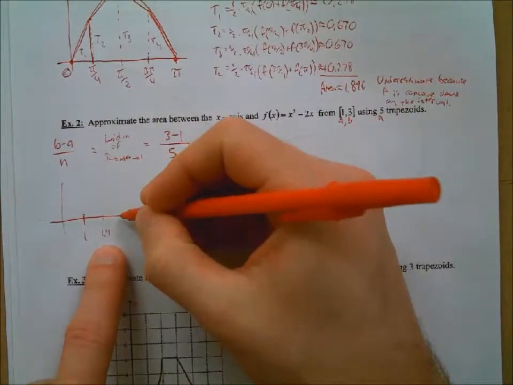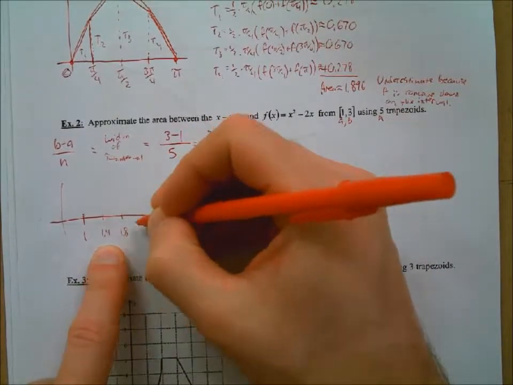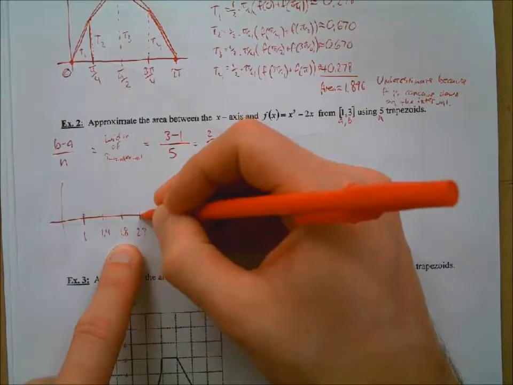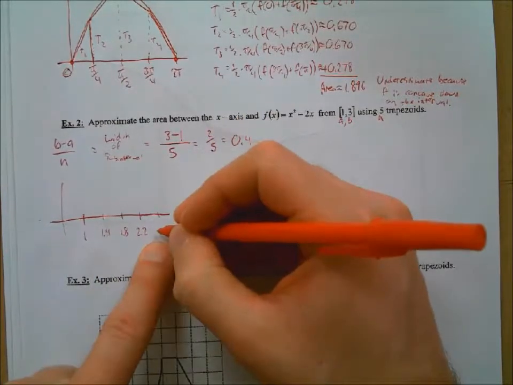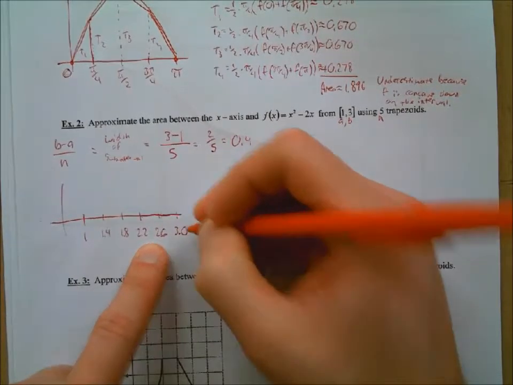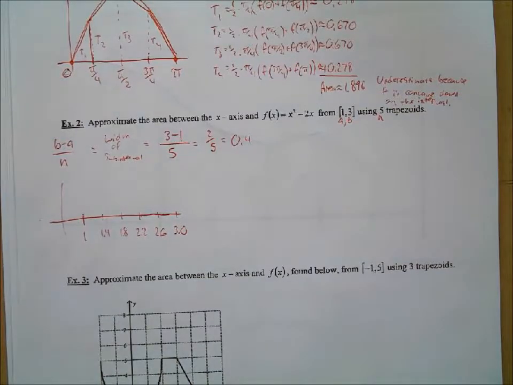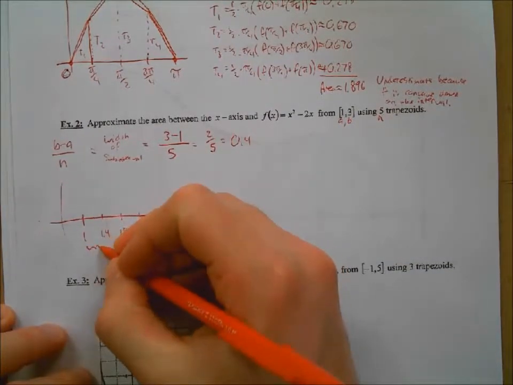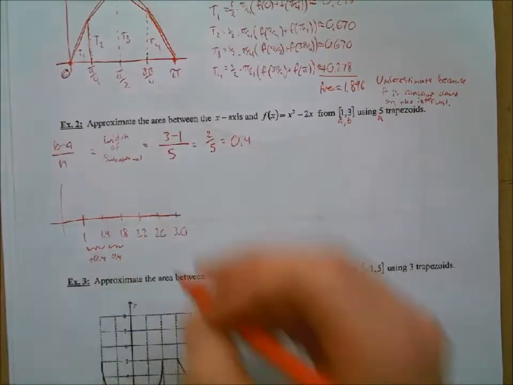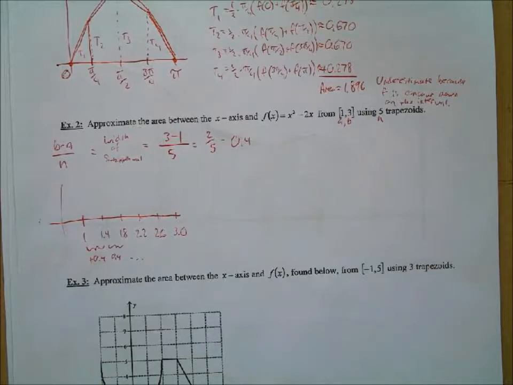And then the following one, 1.8, and then 2.2, and then 2.6, and then finally 3, okay? It's just helpful to have that drawn out so we can know where our subintervals are.